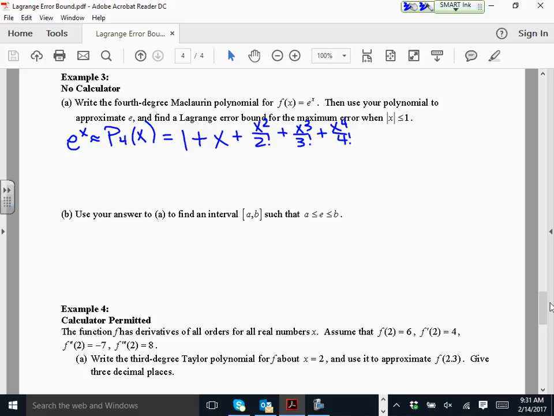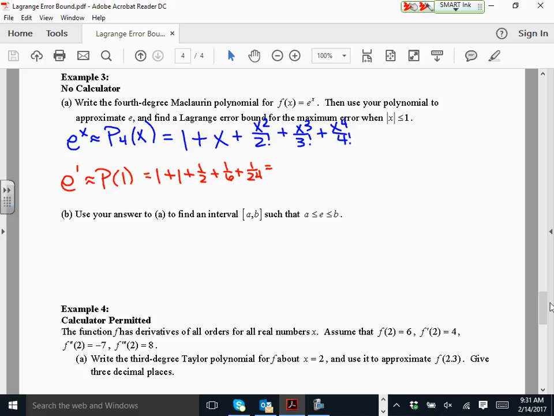Okay, and we want to approximate e. So you don't need to put e to the x. That means this is e to the first power, so x is 1. It's similar to what we just did. So e to the first is approximately our polynomial at 1. We can easily make these have denominators of 24, right?